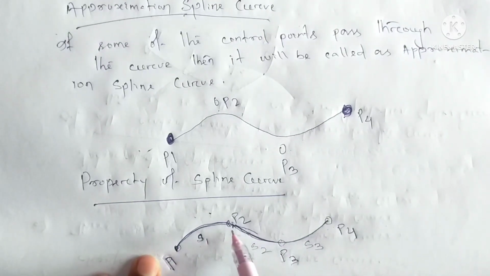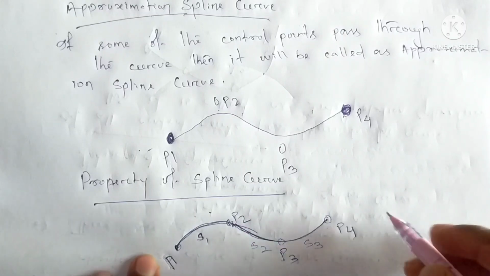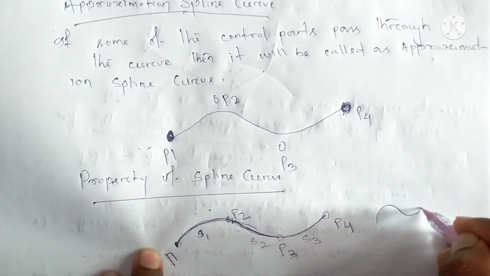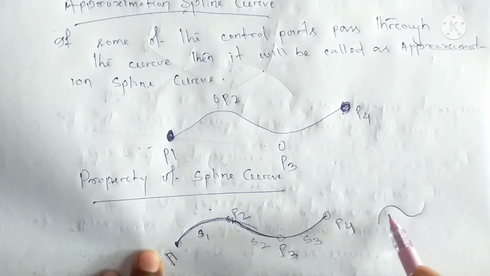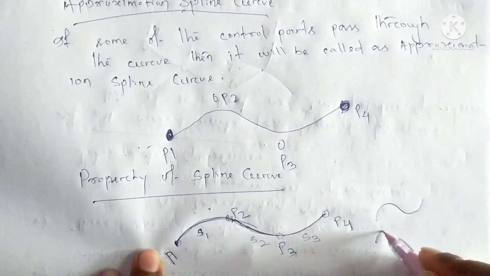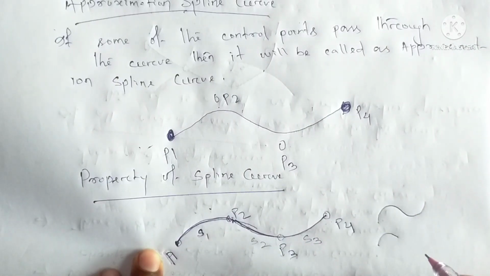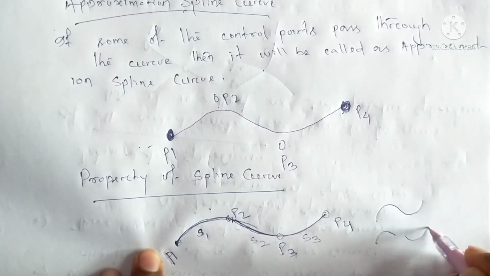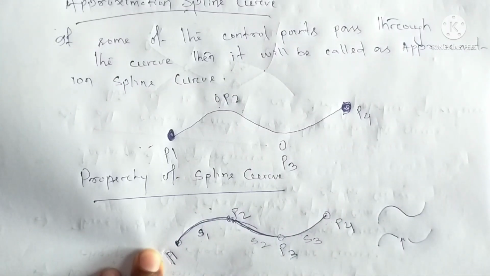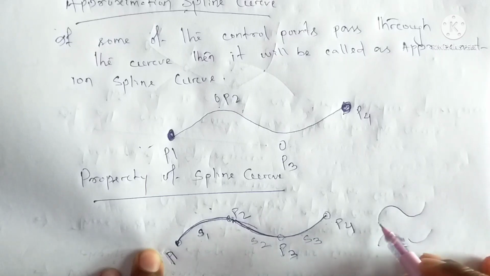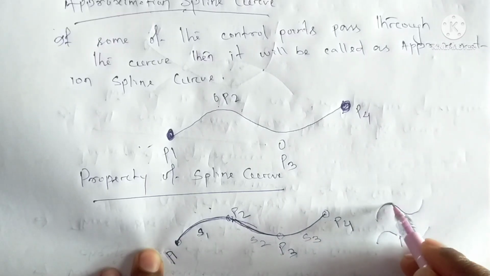Without raising your hand, if you can draw a curve, then we can create a smooth or continuous curve. If you raise your hand from the paper and then draw again, then you can find there is a gap. So in your spline curve, the continuity should be maintained.